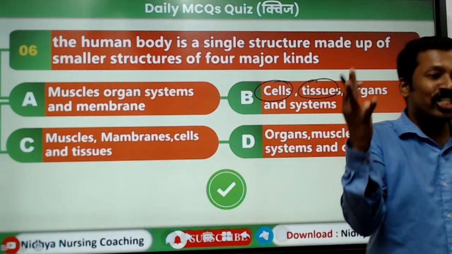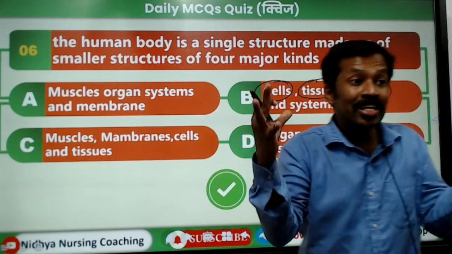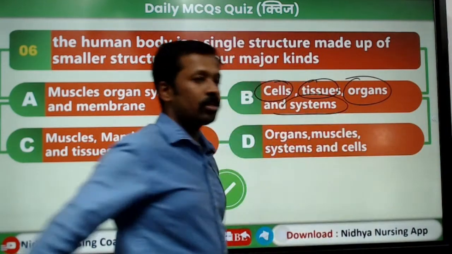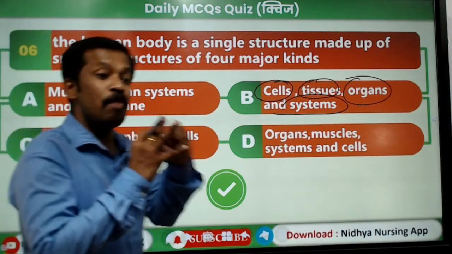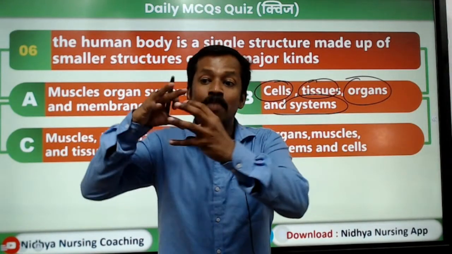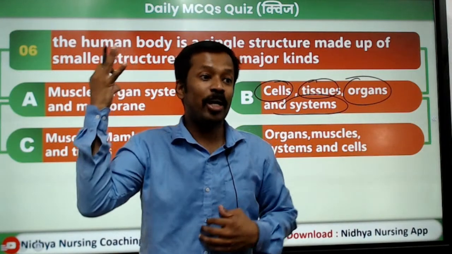More tissues combine and form organs. Many organs combine and form a system. So what is the answer? Many cells become tissue, many tissues become an organ, and combined organs become a system, like the respiratory system.